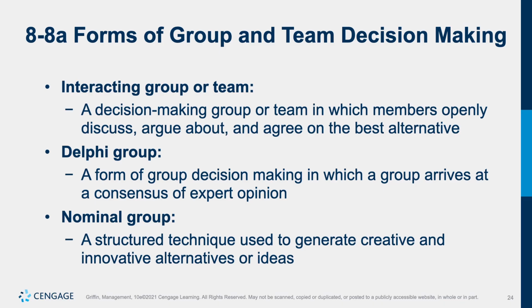After the alternatives have been listed, the members of this nominal group openly discuss these alternatives that have been presented on the board, right? And the members vote on the alternatives, whereby the highest ranking alternative represents the decision of this group.